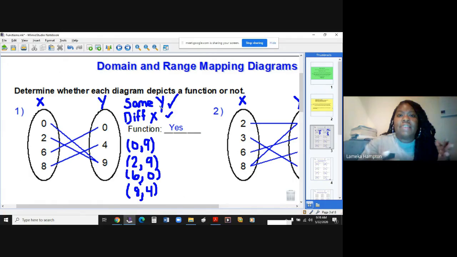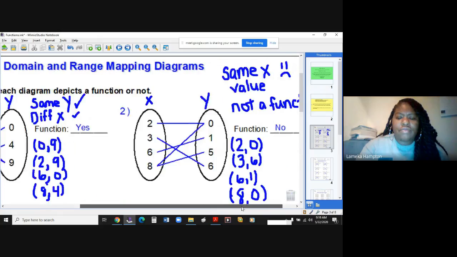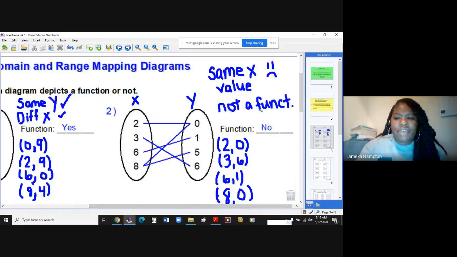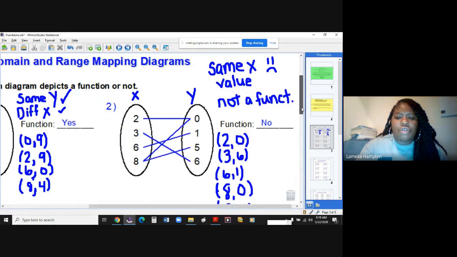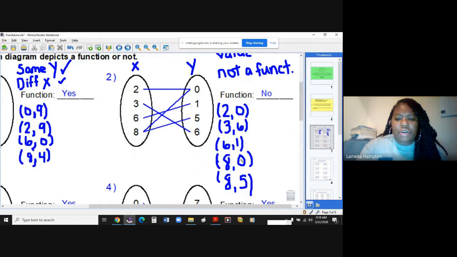So it's okay to have the same y value, the same range. That's okay. However, if they have the same x value, such as number 2, because we have 8, 0 and 8, 5. These are my x values. I cannot have the same x value, okay?